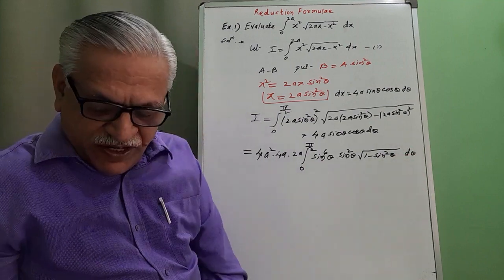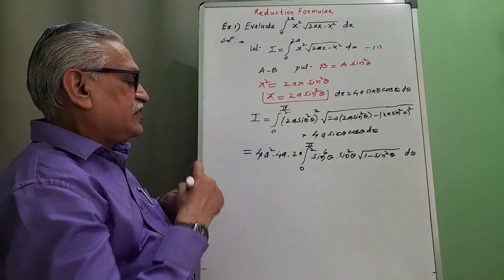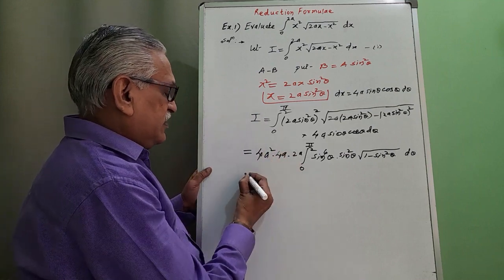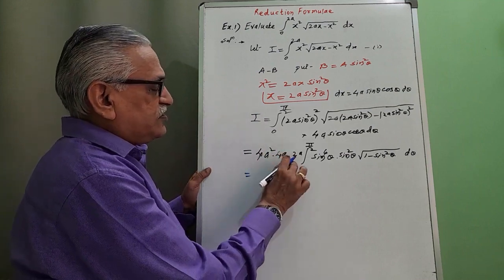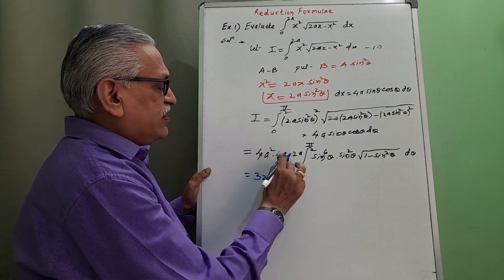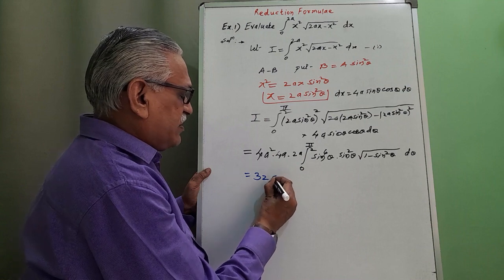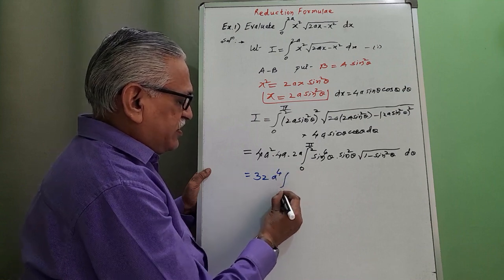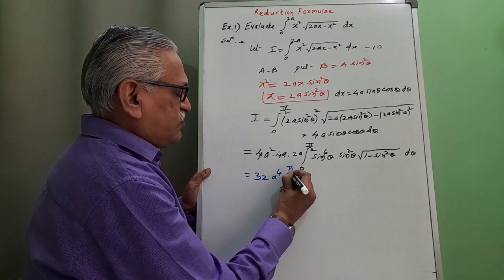If we simplify it, it is 32 a square and again a square, it becomes a raised to 4, integration from 0 to pi by 2.